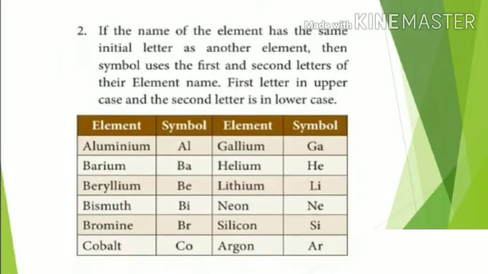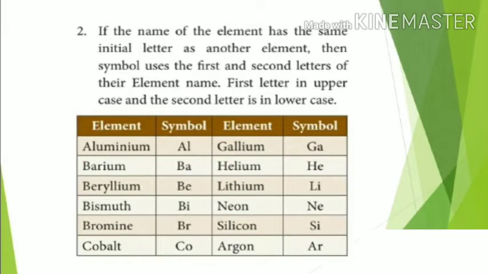Then if the name of the element has the same initial letter as another element, then the symbol uses the first and second letter of the element's name. First letter in uppercase and second letter in lowercase. You can see the table. In that, the second one, barium, and the third one, beryllium, both have the same first letter, that is B. So in this case the first and second letters are used as a symbol.